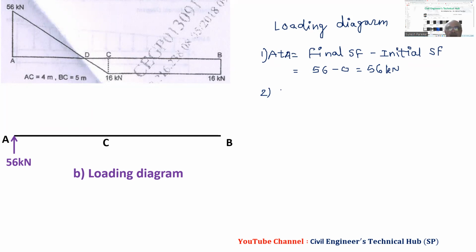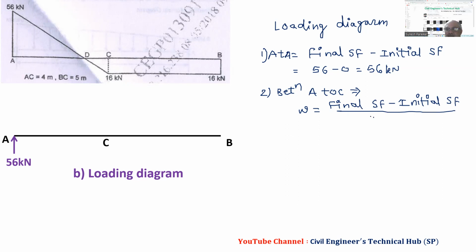Then between A to C, the intensity of UDL, W, is final shear force minus initial shear force upon span.